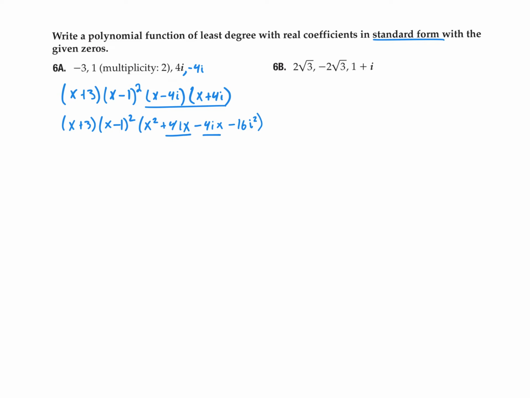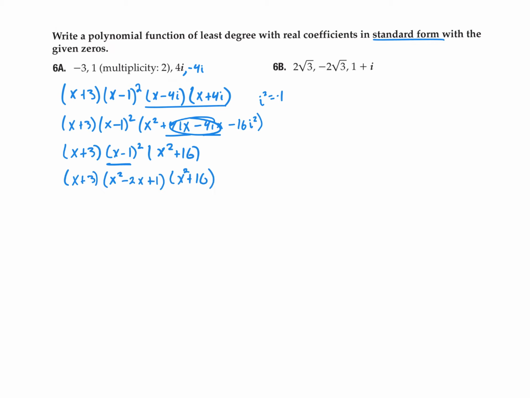Notice that this term and this term go to 0. Remember that i squared is equal to negative 1. So this is going to simplify down to x plus 3, x minus 1 squared. This is going to be x squared plus 16. Expanding that one, we get this.